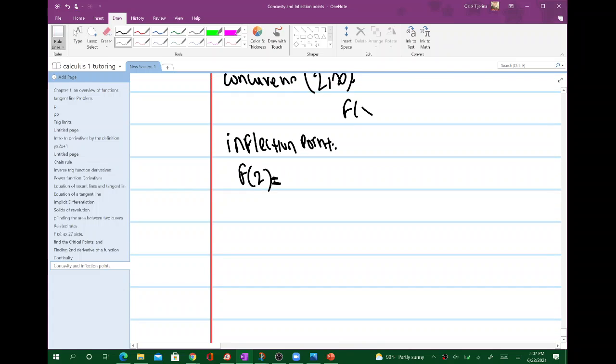So again, I'm going to write my function down. Then we're going to go ahead and find f of 2. So it's going to be 2 cubed minus 6 times 2 squared.